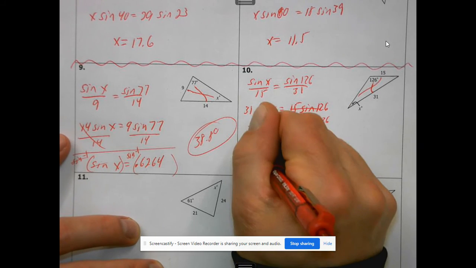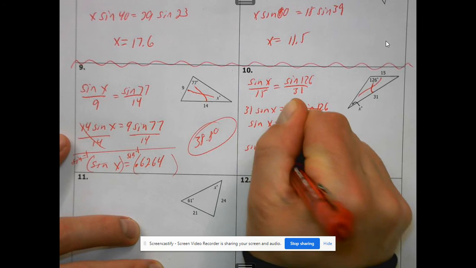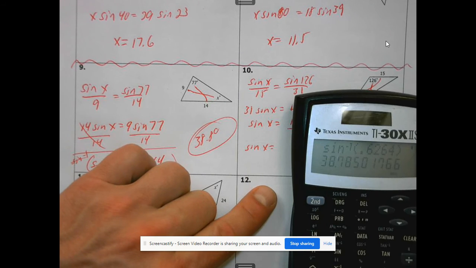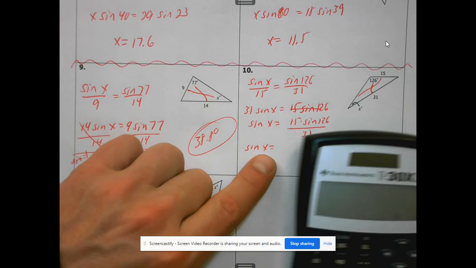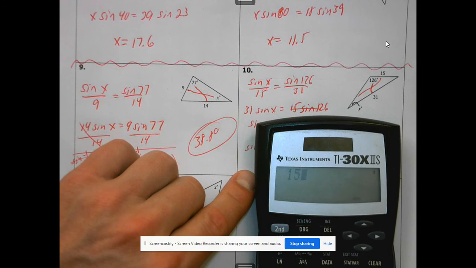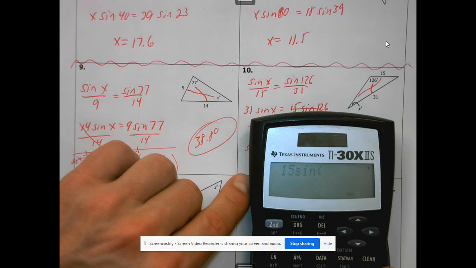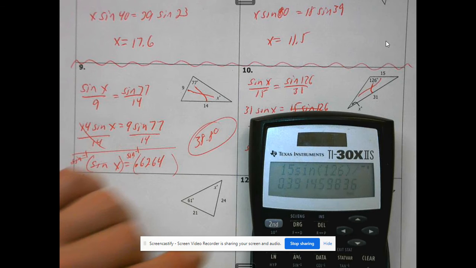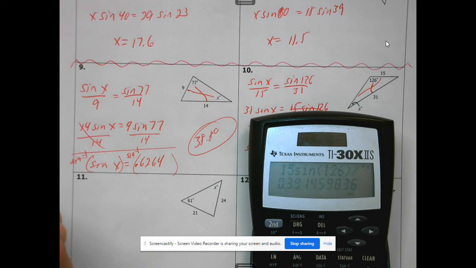All right, so let's type in that right-hand side. One more time, so make sure you guys type it in right. It's 15 times sine of 126, close it up, divided by 31. Go to 4 spots. 0.3915.